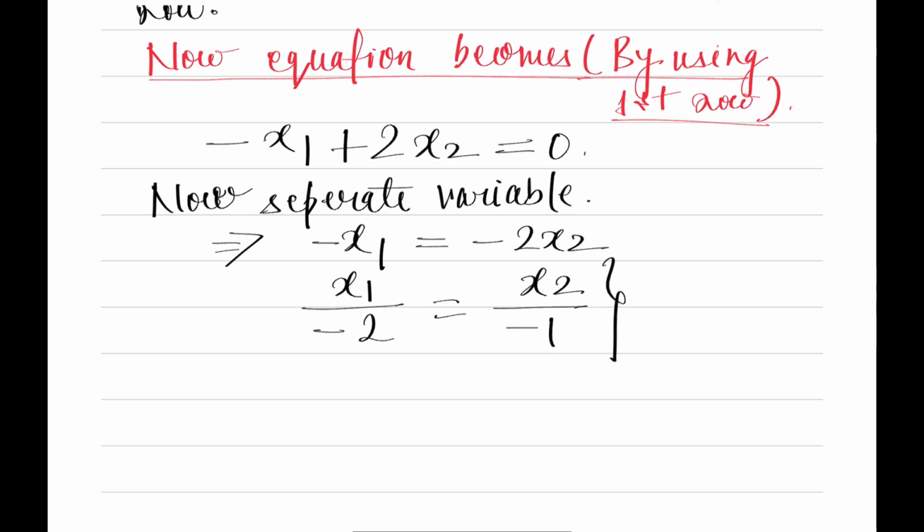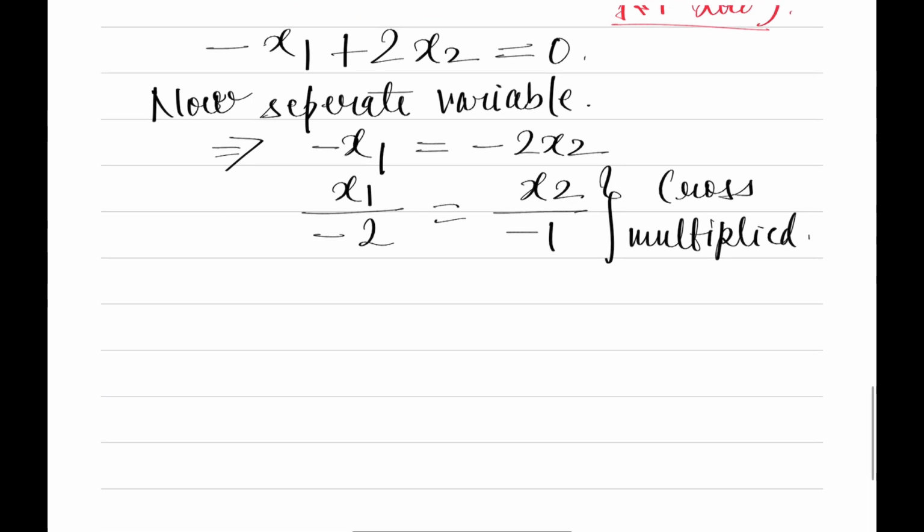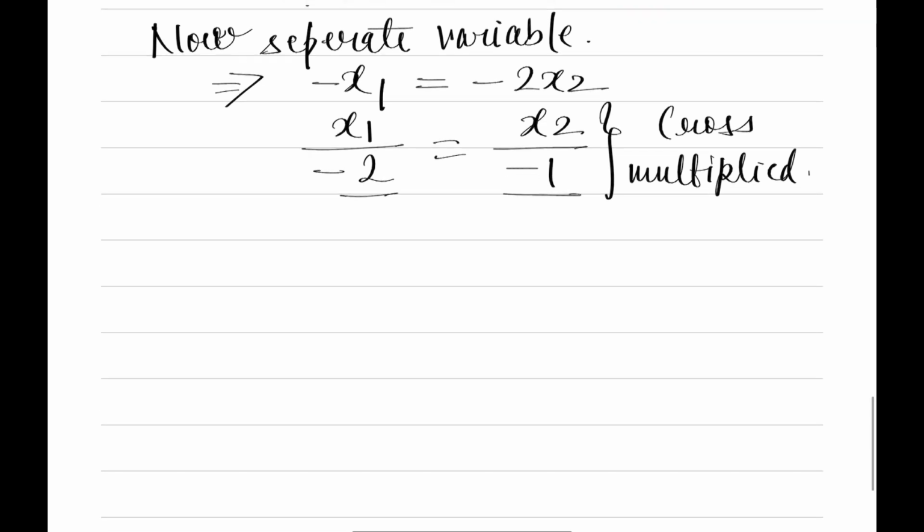What we have done is cross multiplied. And if there is any cancellation, we will do it, but here we do not need it.